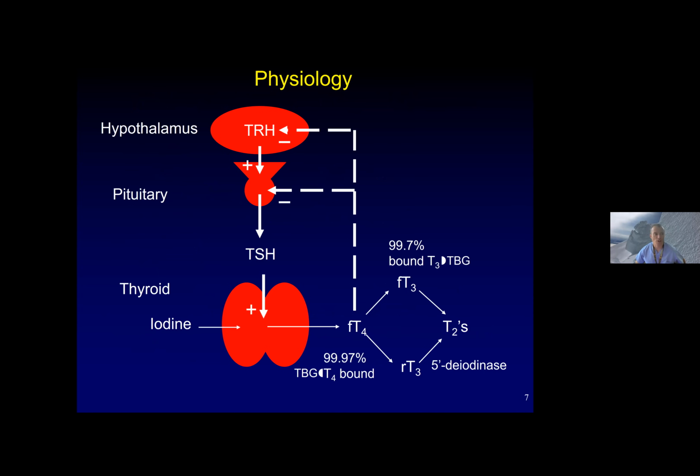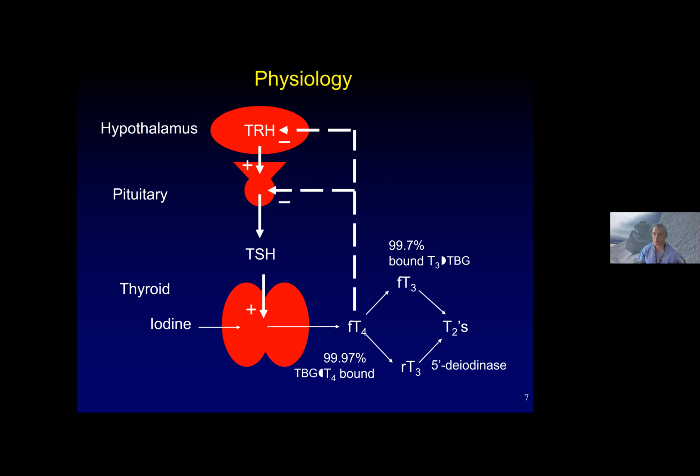So let's review the physiology of thyroid function. And this is probably one of the things that I most commonly see people struggling with that are not seeing patients with thyroid disease on a regular basis. And so this would be one of the things that I would like you to take home. So the thyroid hormone axis starts in the hypothalamus with what we call TRH secretion.